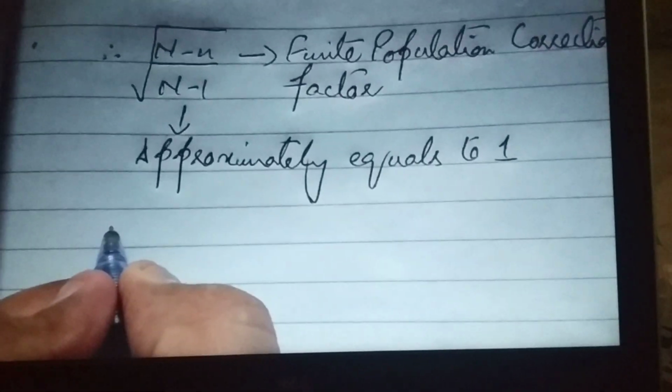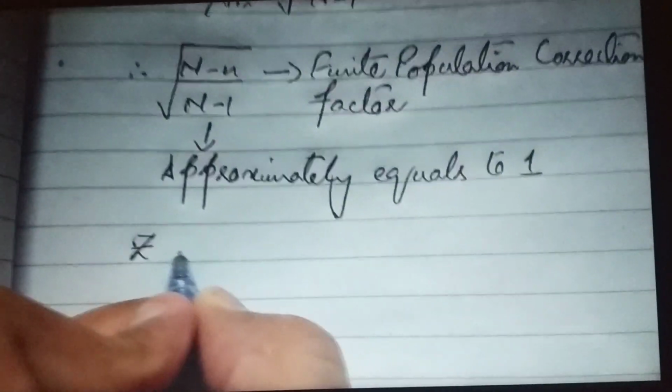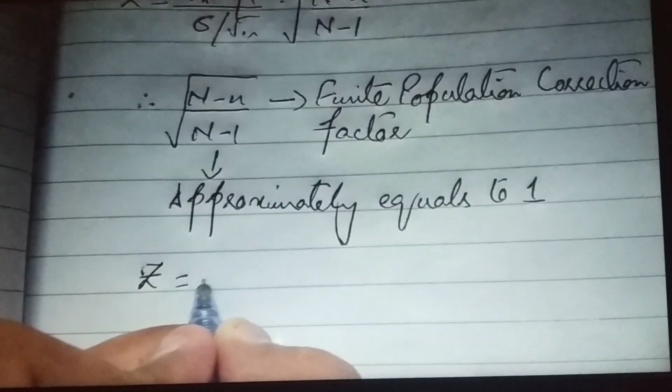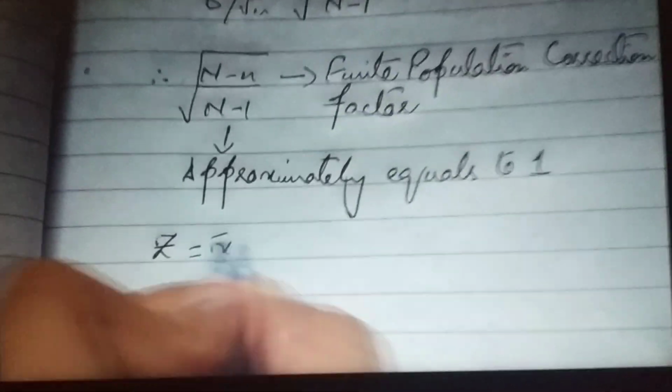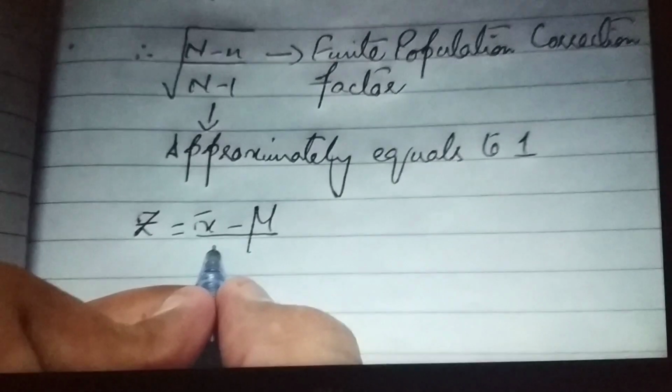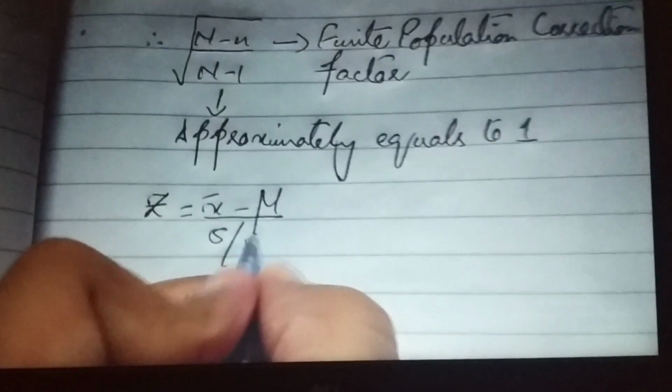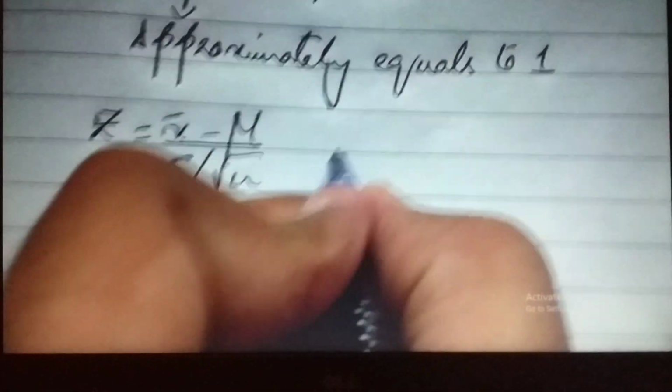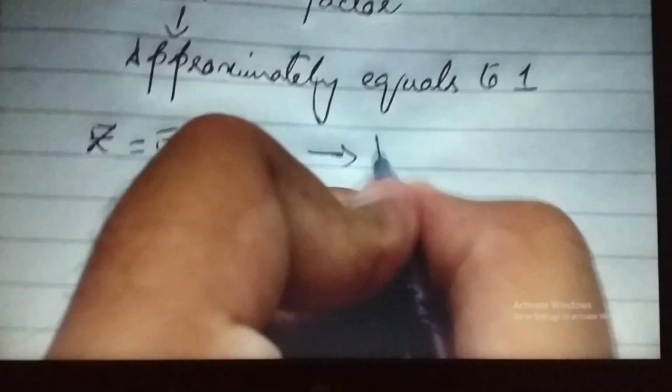So when it is approximately 1, the formula for without replacement changes to x bar minus mu divided by sigma upon root n. This formula is known as the central limit theorem and is valid only when n is greater than or equal to 30.